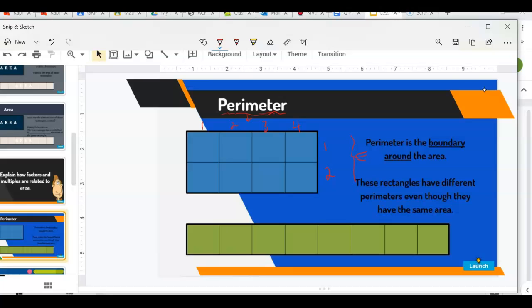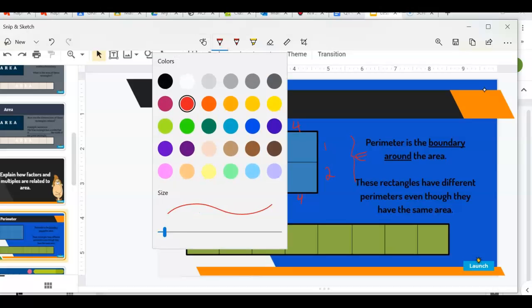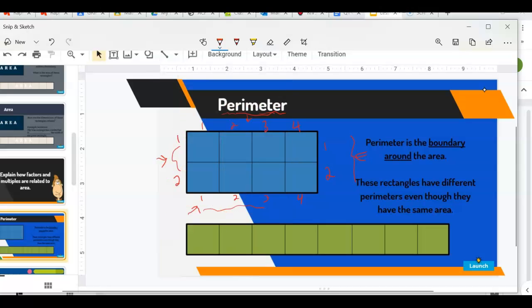And imagine that you're on this side and you're looking this way. How many units do you see? 1, 2, 3, 4. Same thing over here. Imagine on this side and you're looking this way. How many units do you see? 1 and 2. So when you counted all those up, then you have your perimeter.